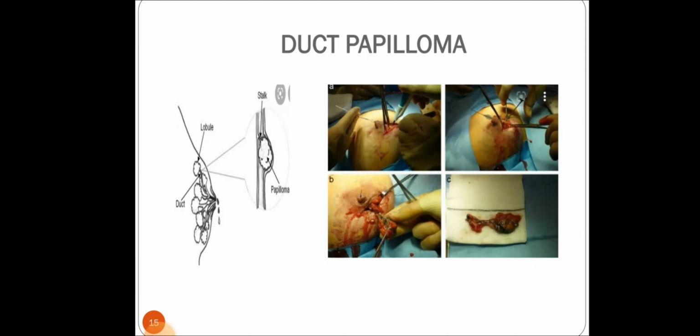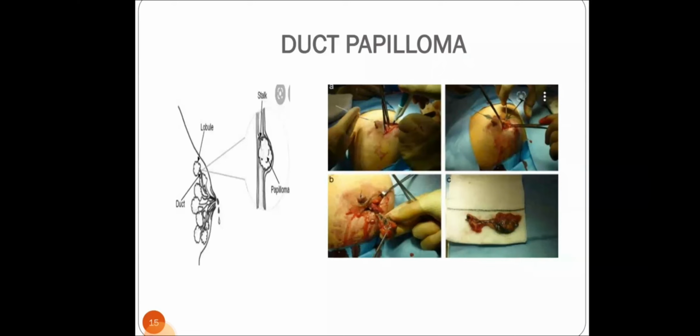And what happens? This papilloma will block the duct, and it will cause ductal dilatation. That is the effect. Due to the duct papilloma, there will be blockage of the duct, and as a result, there will be ductal dilatation.